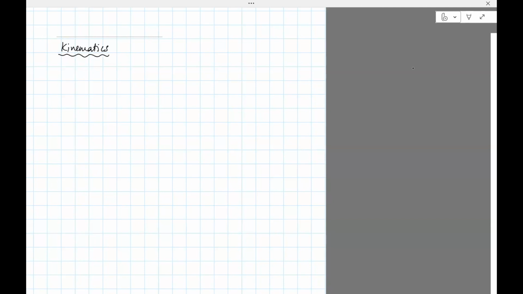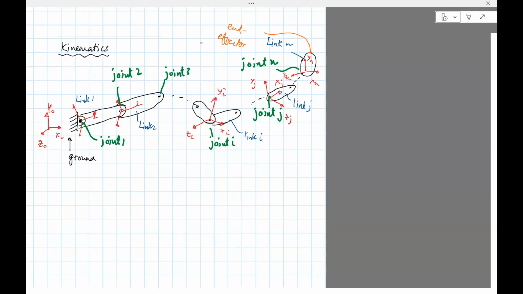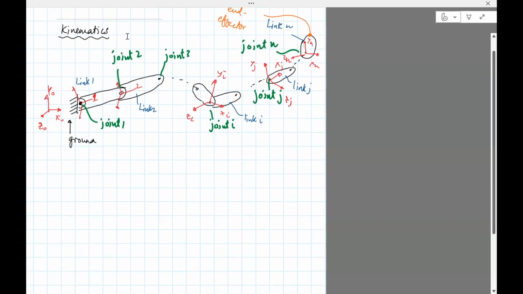Okay, before we start with kinematics, let me draw a schematic. The goal of this exercise is to be able to figure out where the end effector is for given joint angles. So when I need to find the position of the end effector, I need to go across the chain using H, right?